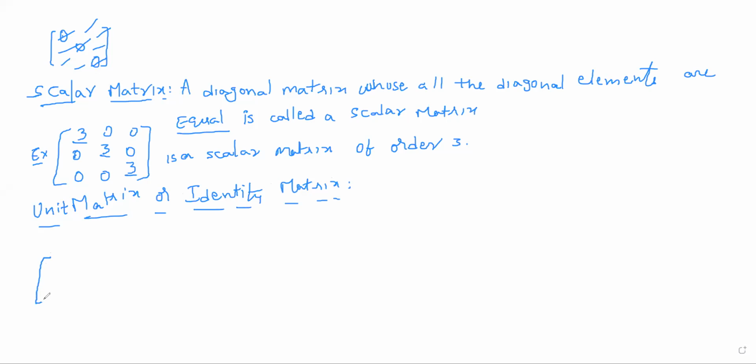That is, if you consider a matrix of order 3 by 3, all the diagonal elements should be 1 and remaining elements should be 0. Such a matrix is known as a unit matrix or identity matrix. This is an identity matrix of order 3 by 3 and this is an identity matrix of order 2 by 2. This is indicated by I2, whereas this is indicated by I3 because it is the identity matrix of order 3.